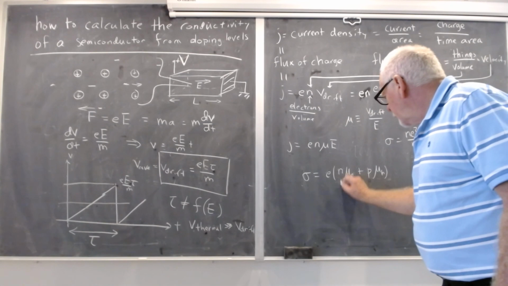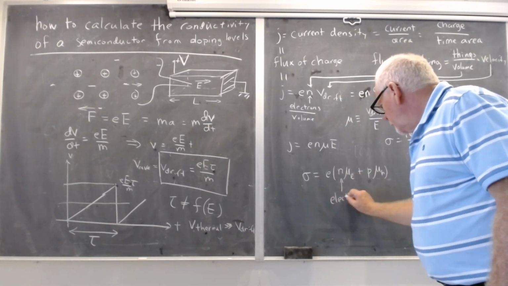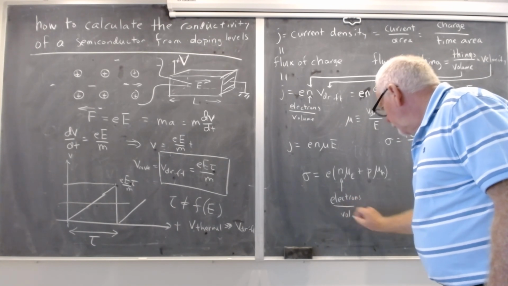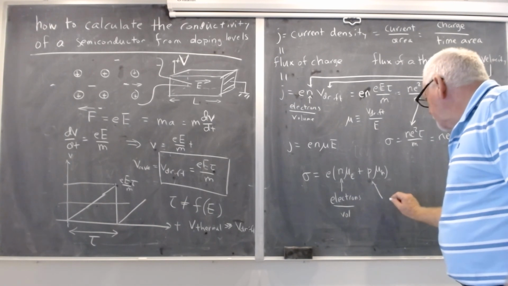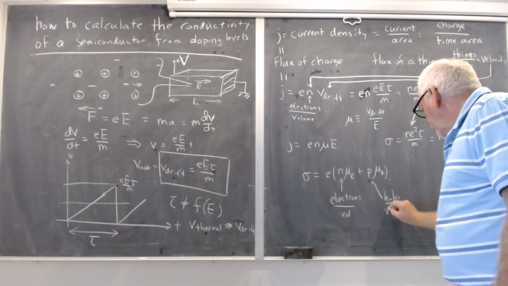So this is the electrons per unit volume, and this is the holes per unit volume.